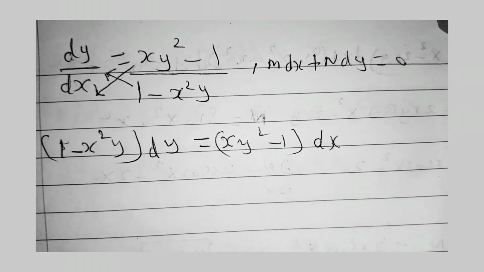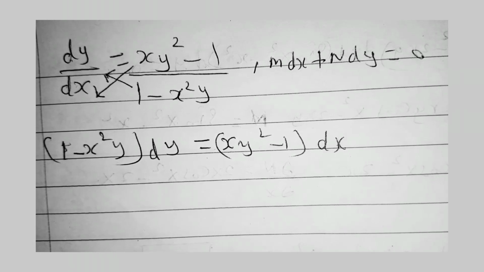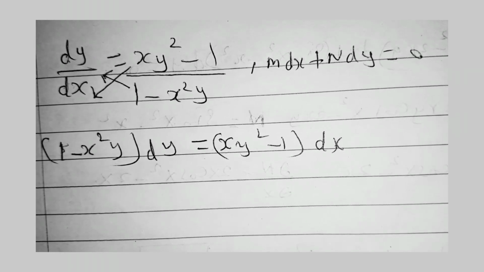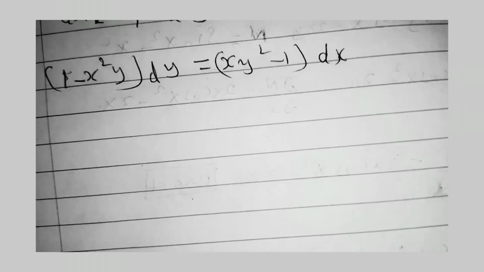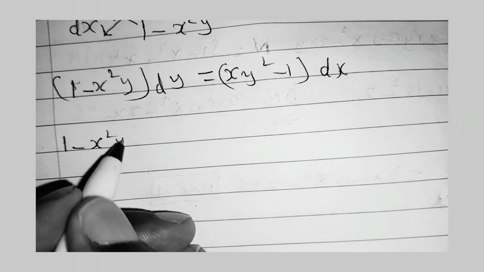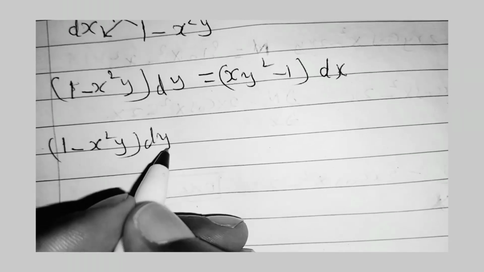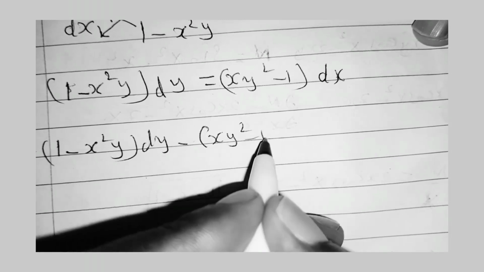Then we can take dx to the other side so that we obtain the following result. So we are going to have (1 minus x squared y) dy minus (xy squared minus 1) dx is equal to 0.